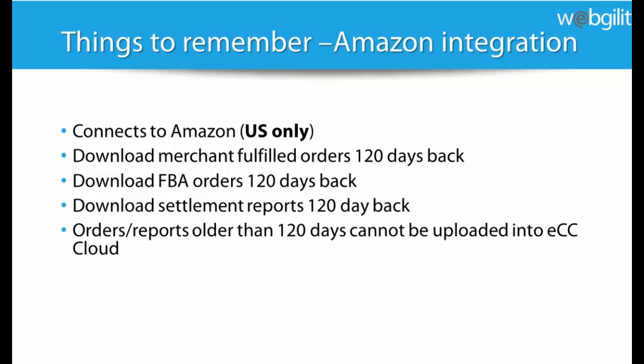If you have orders or reports that are older than 120 days, there's no way to upload them within eCC Cloud. So you're just going to have to find a good stopping point, 120 days back, and just be okay with that. Anything going forward, everything's going to be just fine.